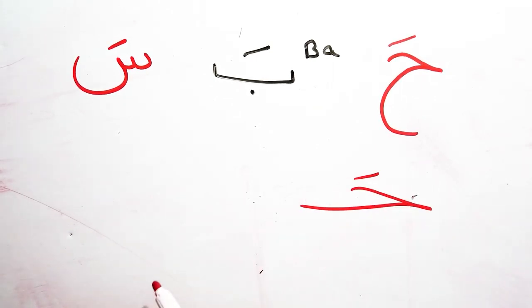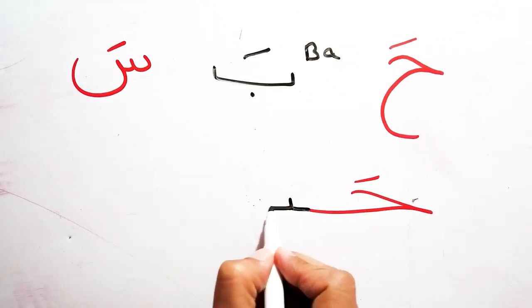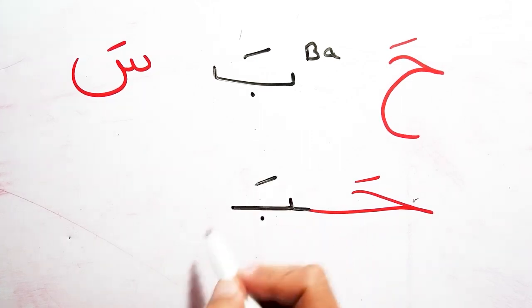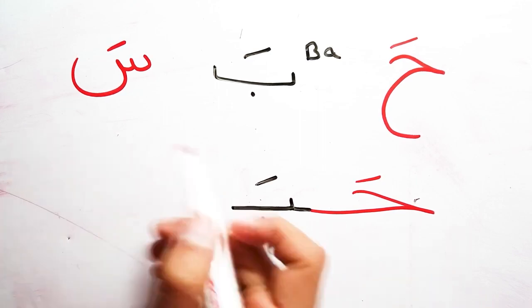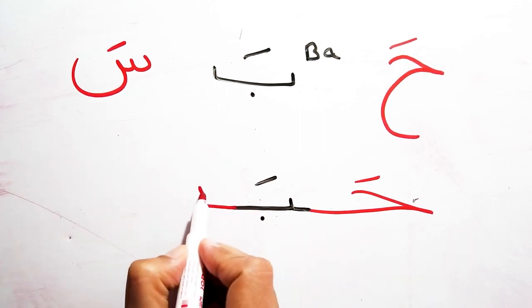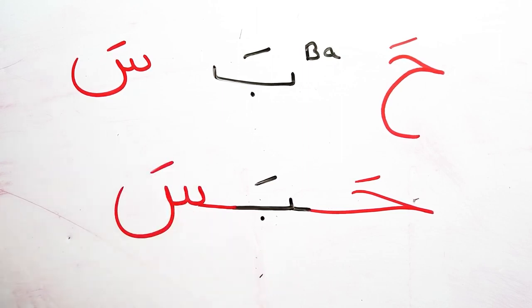This is ha. Ha in the beginning of the word. So let's connect it to ba. Ha ba. And finally we have sa. Ha. Haba. Habasa.